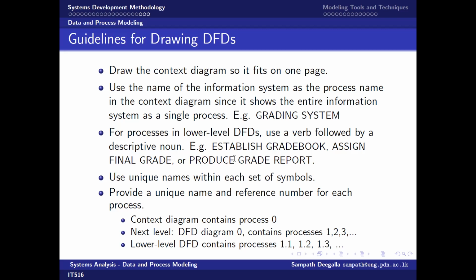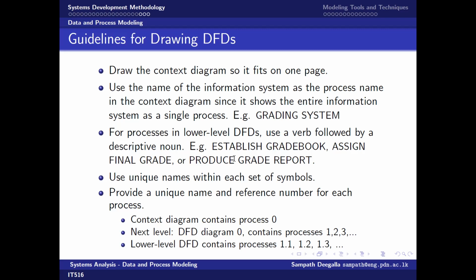The second one, for example, you can assign the final grade to a course, and finally you can produce a grade report. When you write down names, remember that for each of these symbols you should use unique names, because that is also very important. And then you will also provide a reference number.